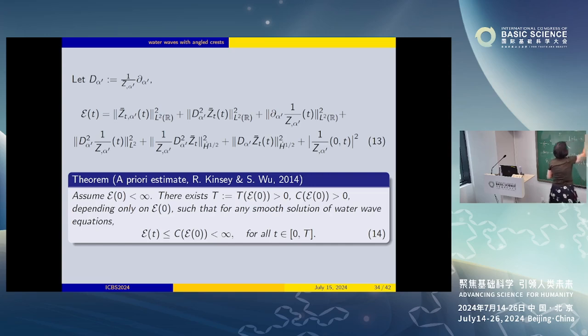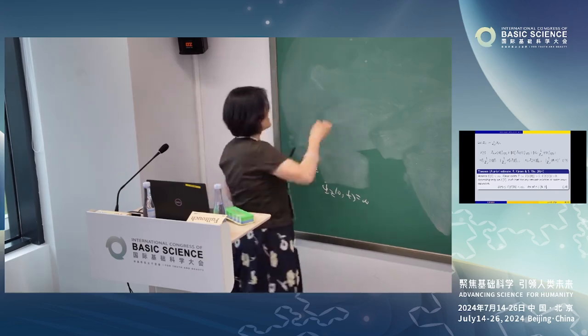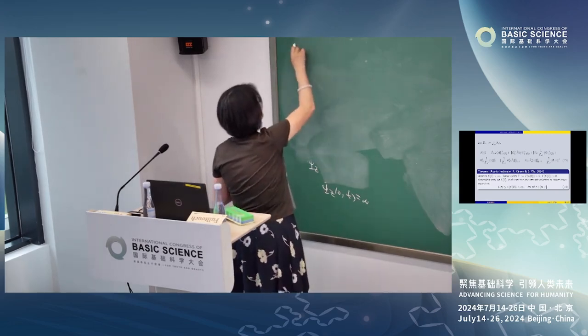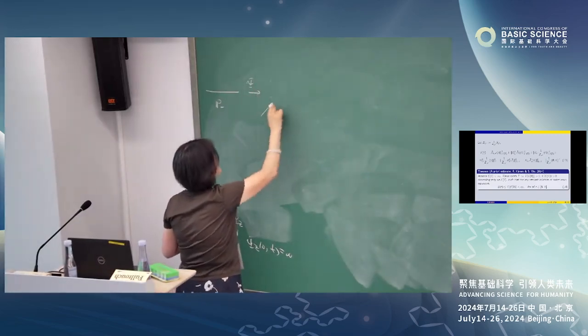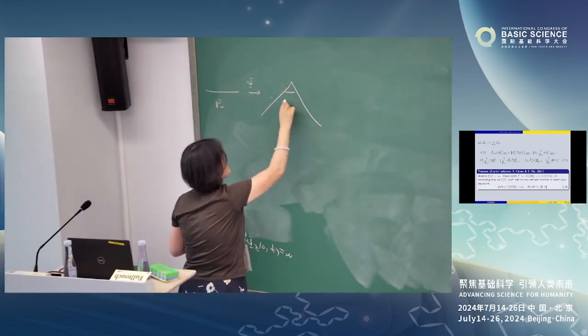So it's really just because of the energy class we have constructed. And you can see why. Remember, this is P2, this is the angle, right? Mu pi.